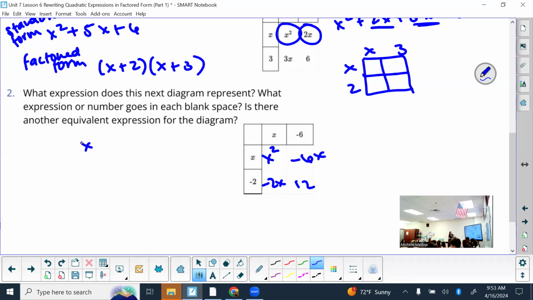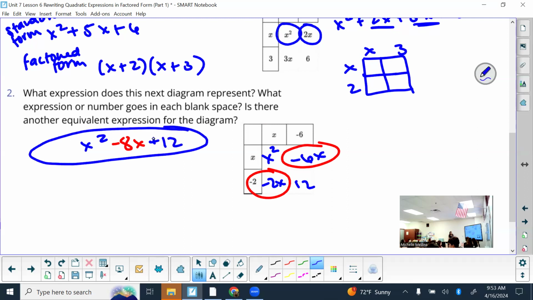Okay. Does the negative 6X? What's its like term? And when I add them, what do I get? And then does 12 have a like term? Okay, so then this is our standard form expression of this one, once you fill it in.